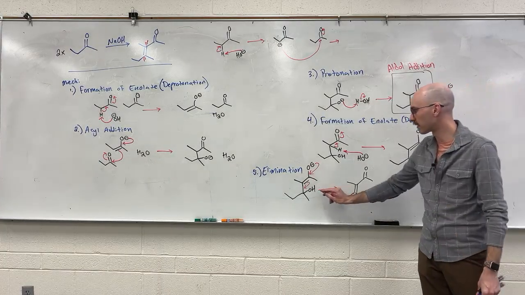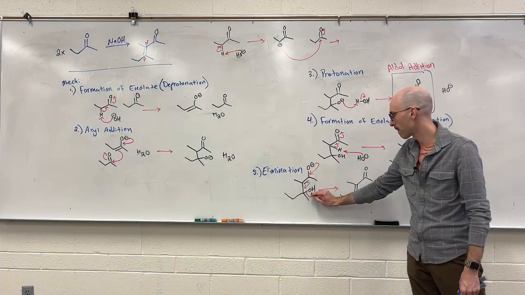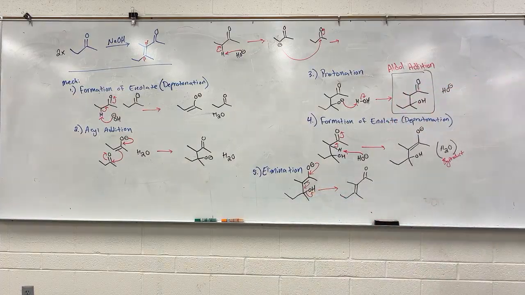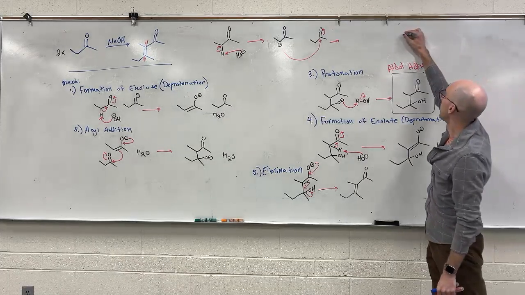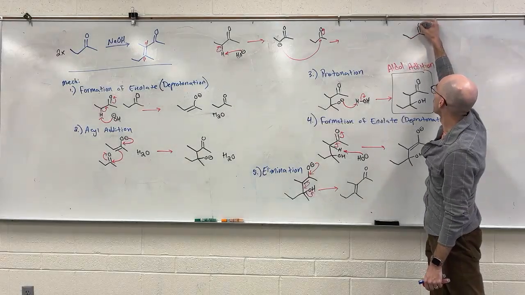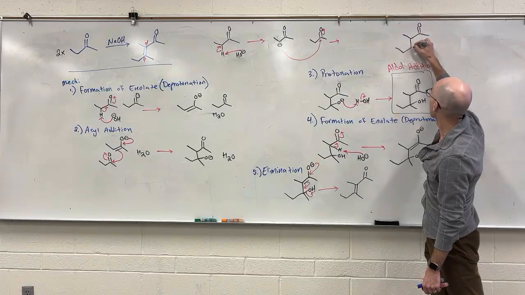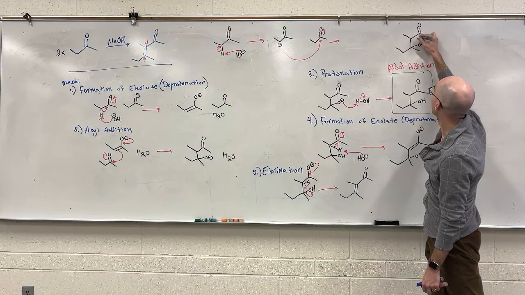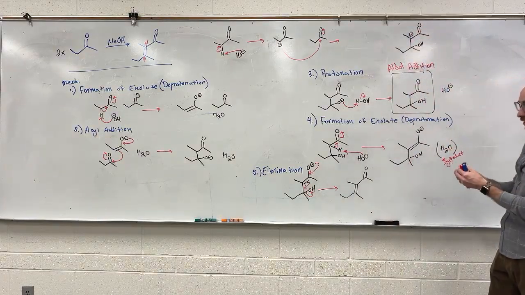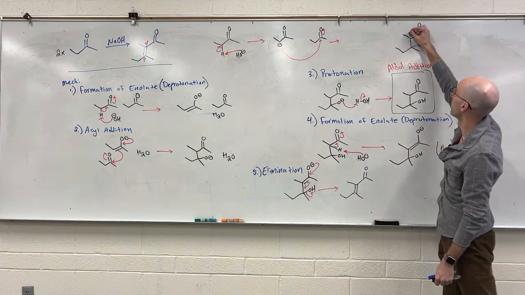Didn't leave the leaving group. If you're showing that from the less major resonance form, you have less arrows, for one.